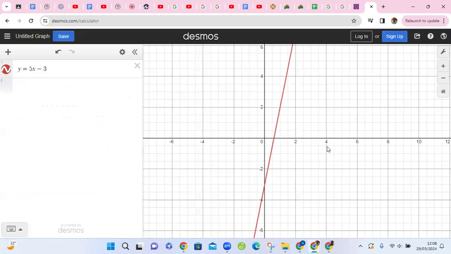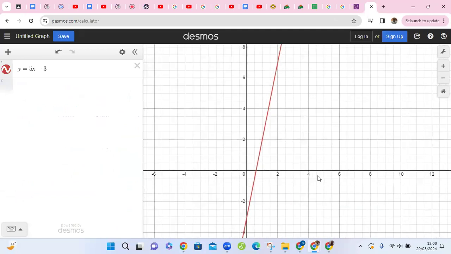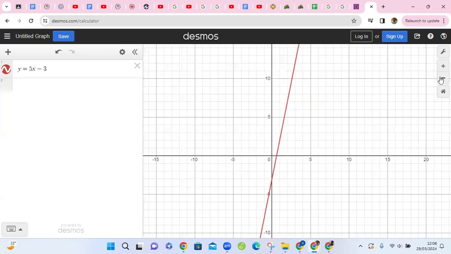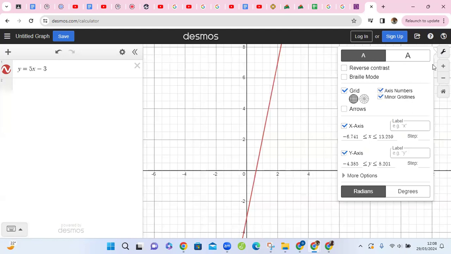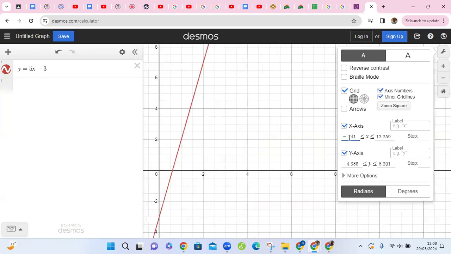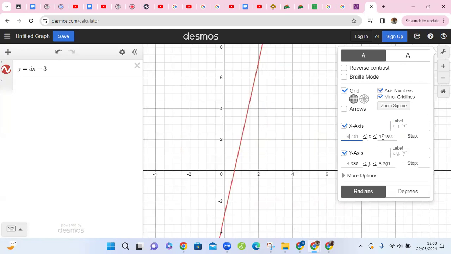here you have your graph. And all you do is you can adjust the zoom, and I think you can adjust the labels. Let's say you want from -4 to 4.